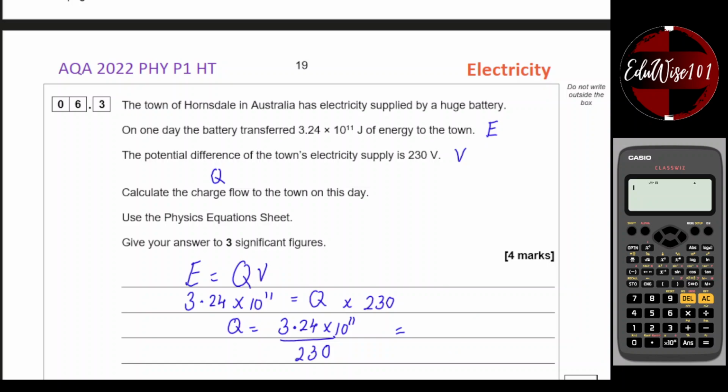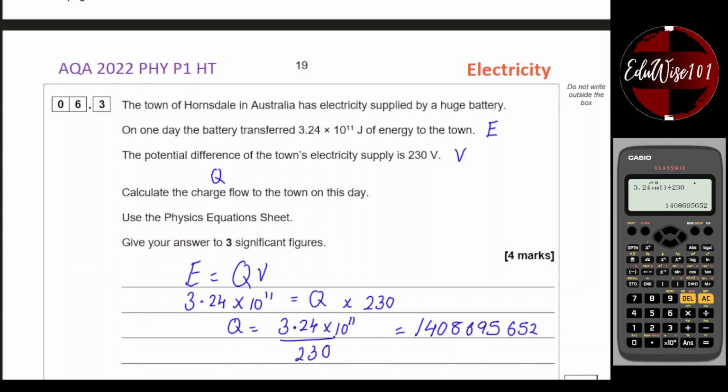So let's see what the calculator tells us. 3.24 times 10 to the power of 11, divided by 230. Now, I'm going to write that number as it is because it's quite a long number and I don't really want to make any mistakes. So it's 1408695652.